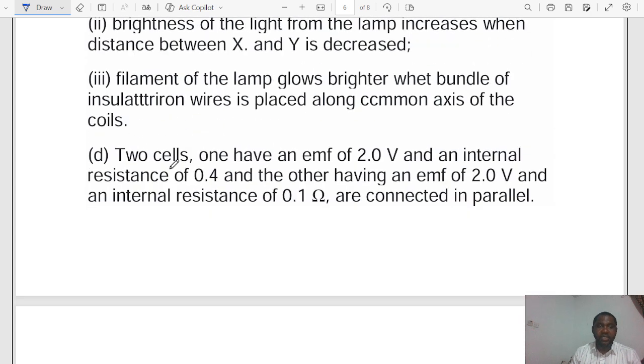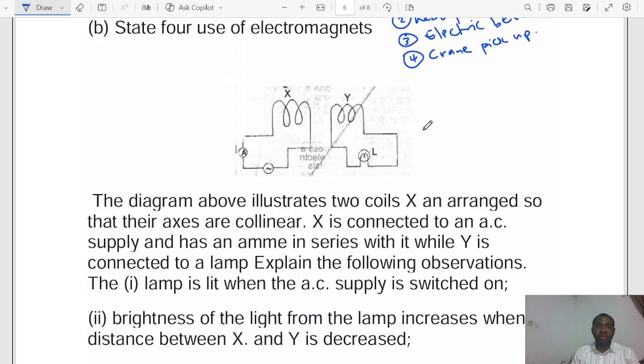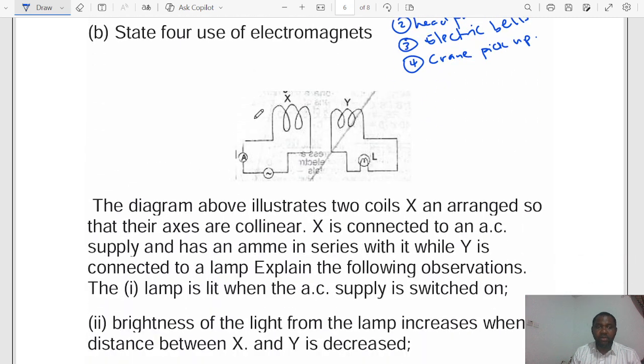Now the third one says the filament of the lamp glows brighter when a bundle of insulated iron wires is placed along the common axis of the coils. Placing the wires along the common axis of the coils is another way of increasing the mutual inductance. It helps energy transfer easily.